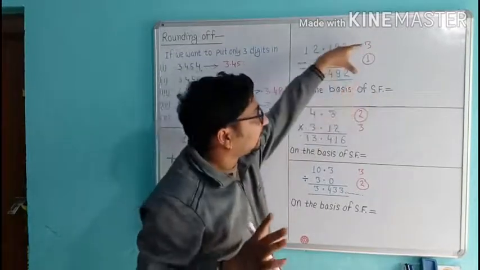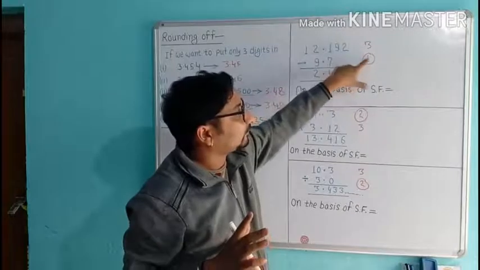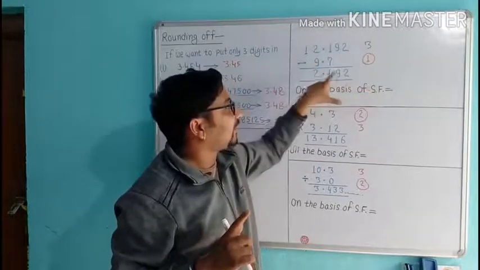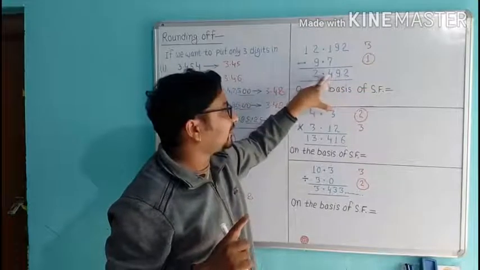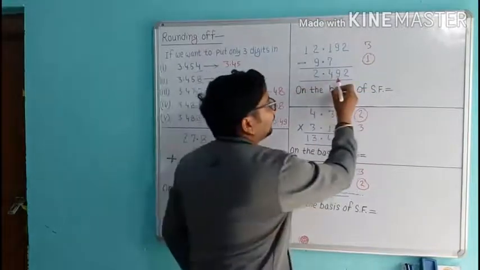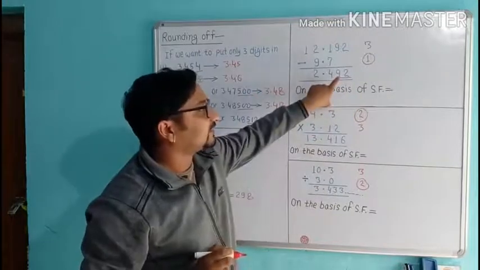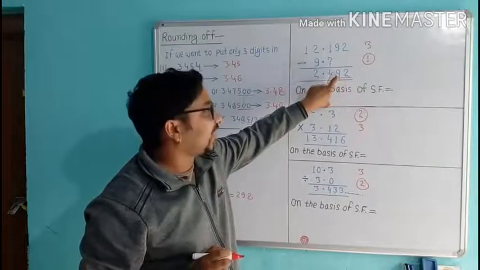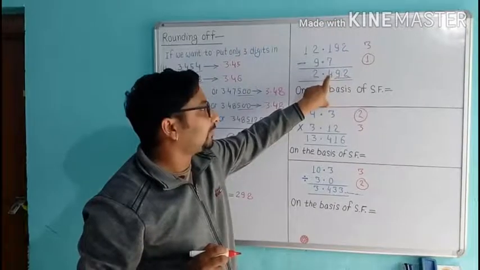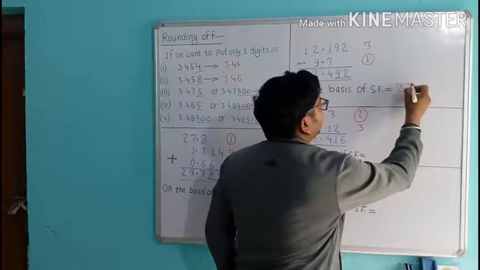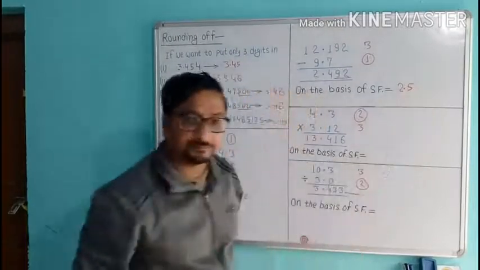Now 3 and 1. 1 is less than 3. So we just write only one digit after the decimal point. That means we are going to remove 9 and 2. Since this 9 is greater than 5, we just add one number to the previous digit. So on the basis of significant figures, the answer will be 2.5.